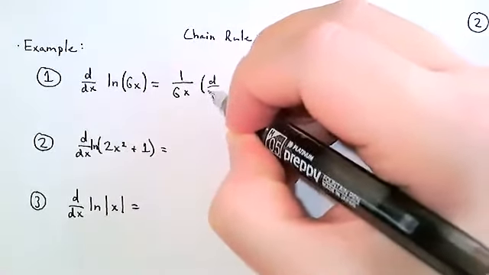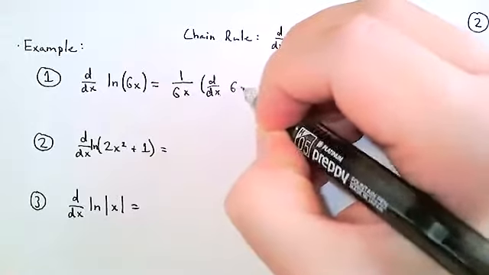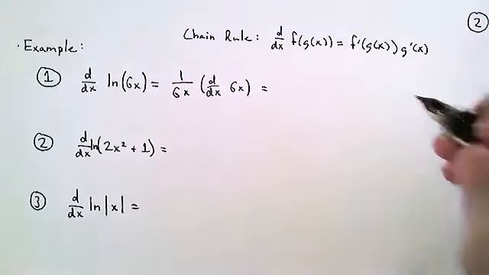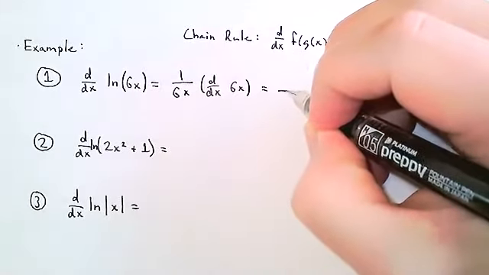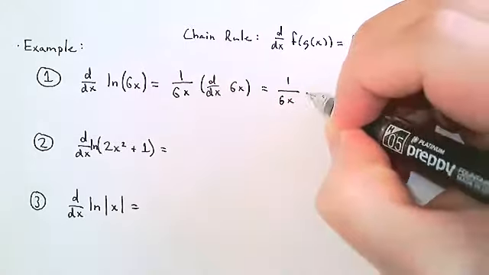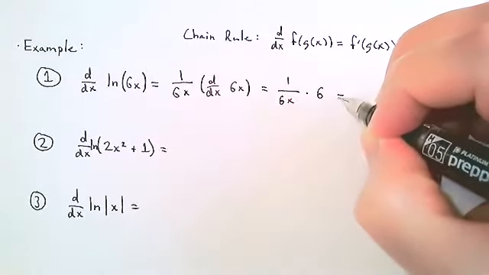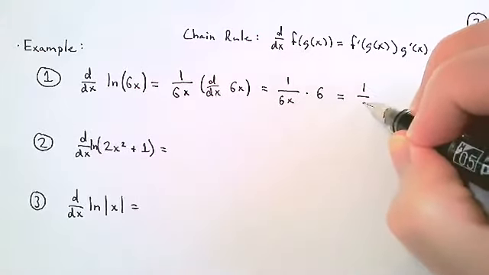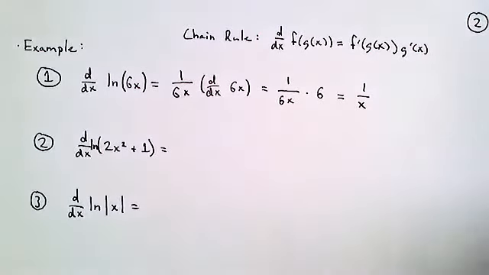And then we need the derivative of 6x. What's the derivative of 6x? 6. Good. So this derivative is just 1 over x.